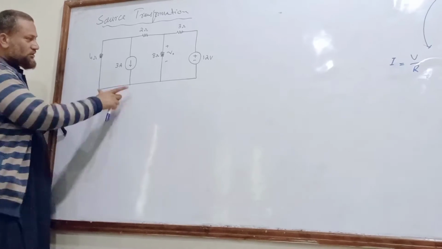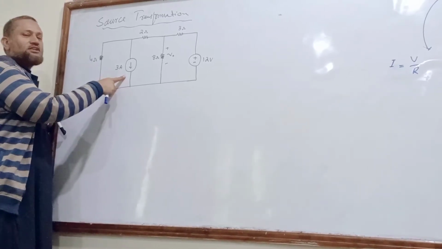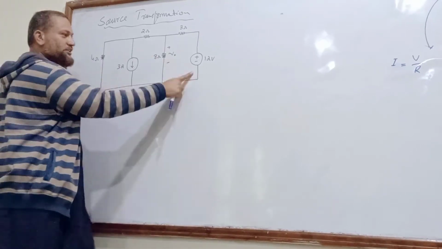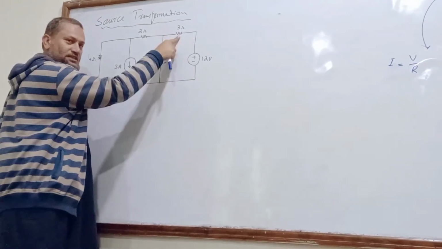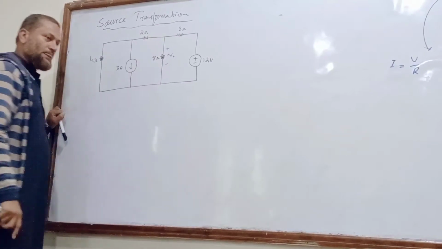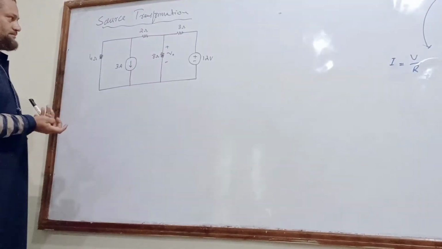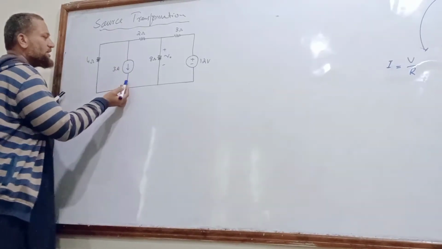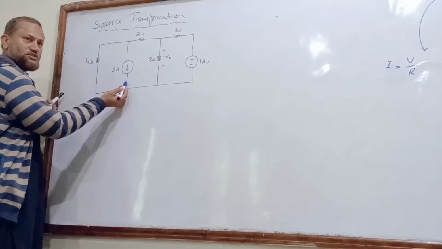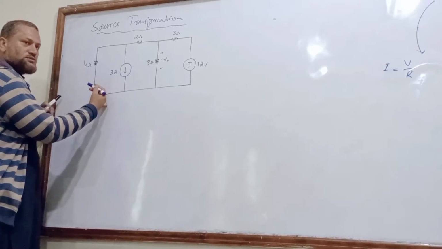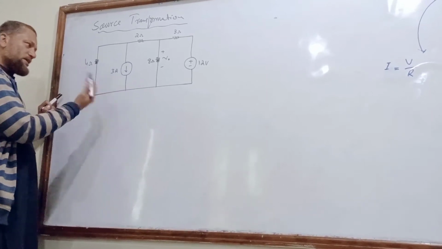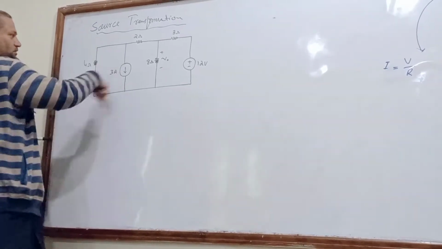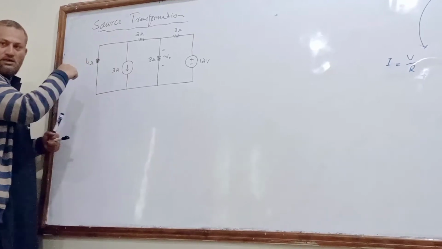Current source, resistance in parallel. Voltage source, resistance in series. Now you can change this current source into voltage source. If you want, you can transform this portion of the source.